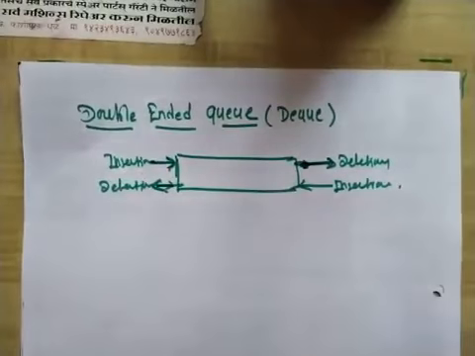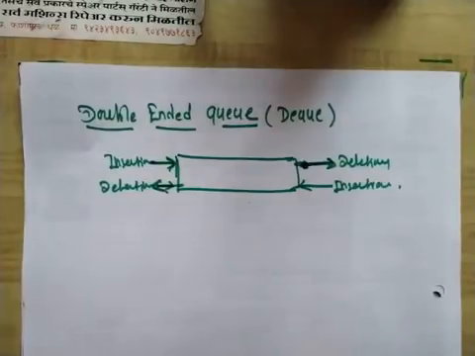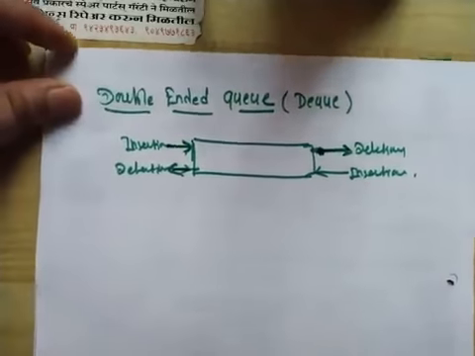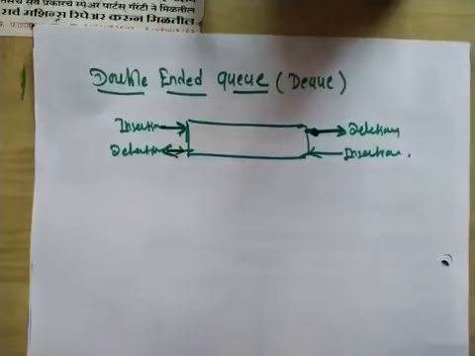We can insert and delete through both ends. So this is called double-ended queue. Okay, so basically double-ended queue has two variations.